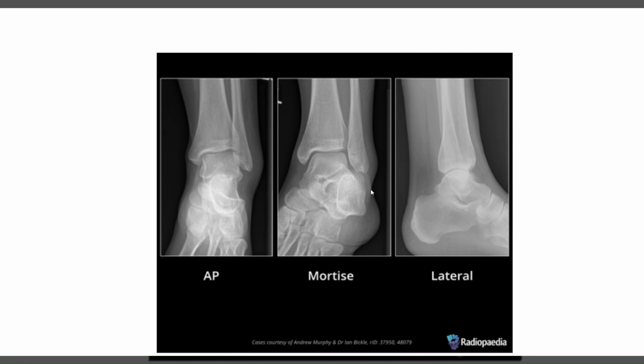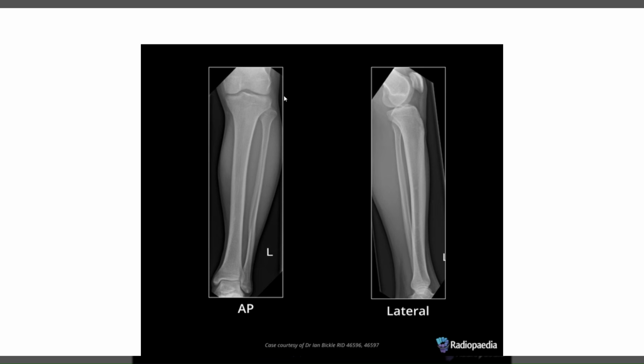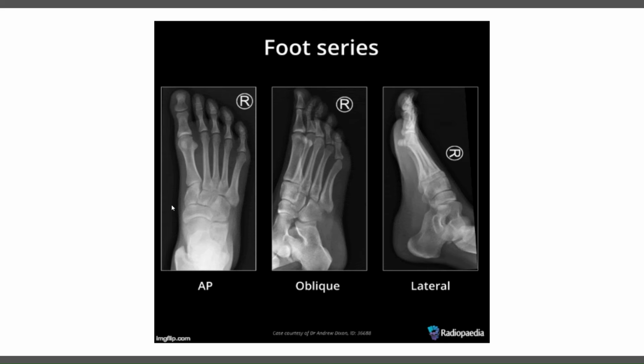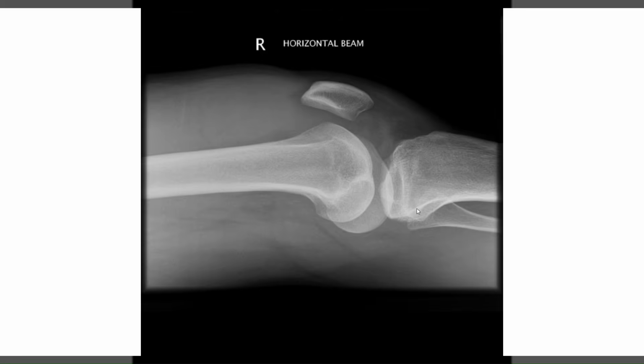Again, if you see these, we're going to refer to these as ankles. If you see the knee joint and the ankle joint, we're going to refer to this as a tib-fib view, or tibia-fibula view. We usually call it tib-fib. Same thing with the foot. If you see the entire foot, you can call this a foot X-ray.